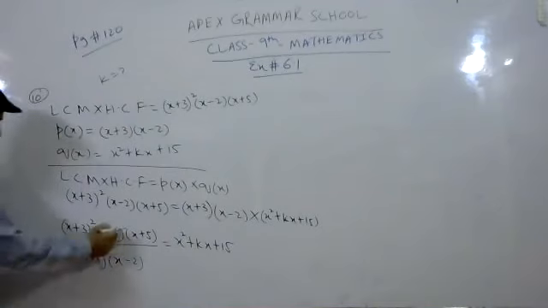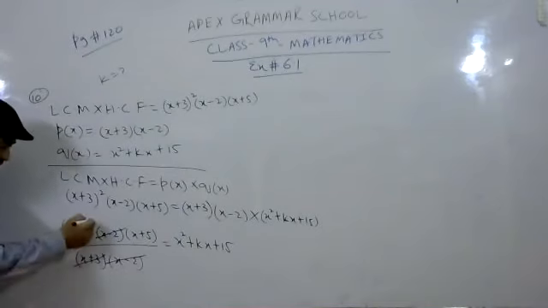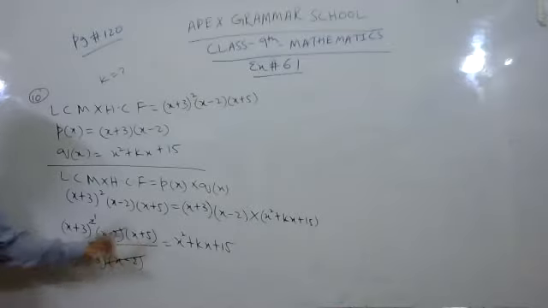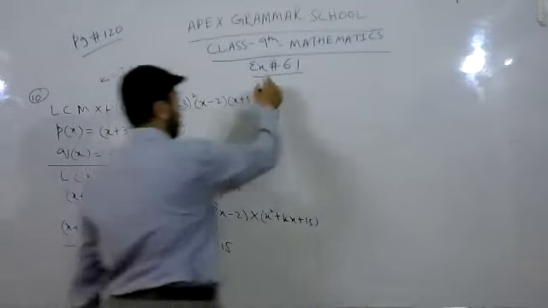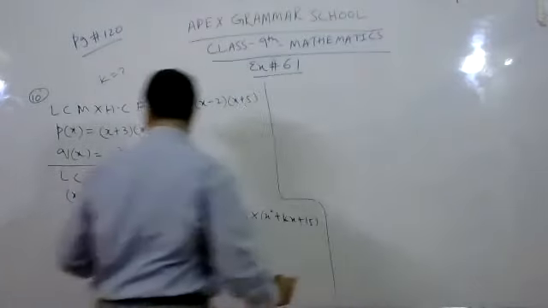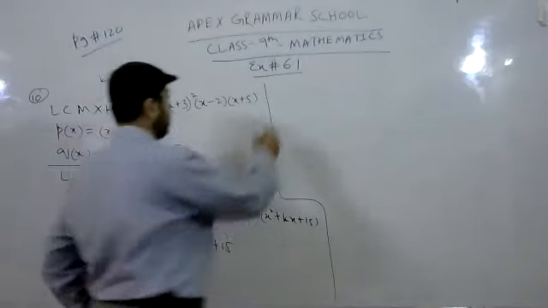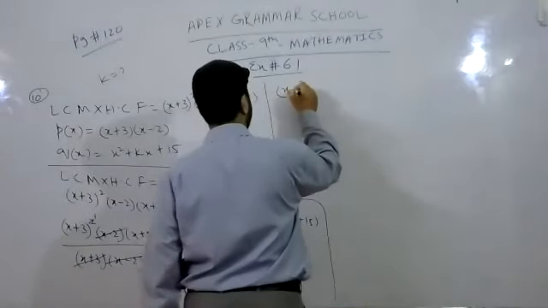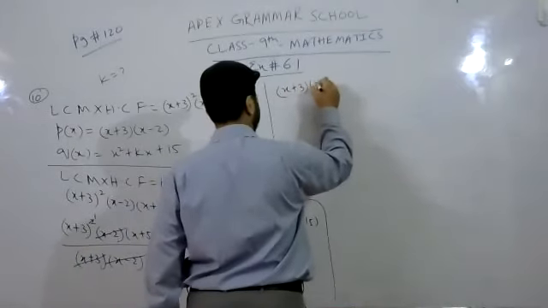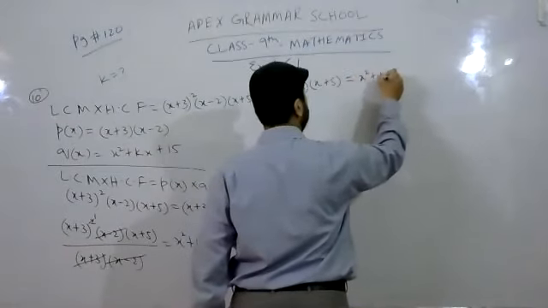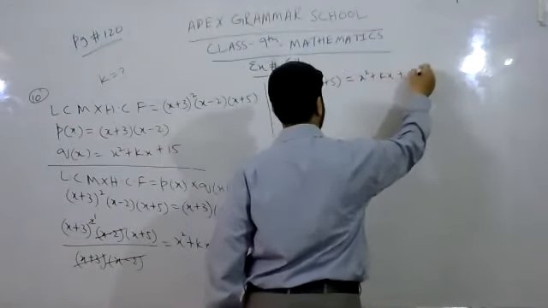So divide them, cancel them: x minus 2 with this x minus 2, and one x plus 3 will cancel this, only one x plus 3 will be left here. So this x plus 3 will multiply with this x plus 5, that is (x plus 3) into (x plus 5) is equal to x square plus kx plus 15.